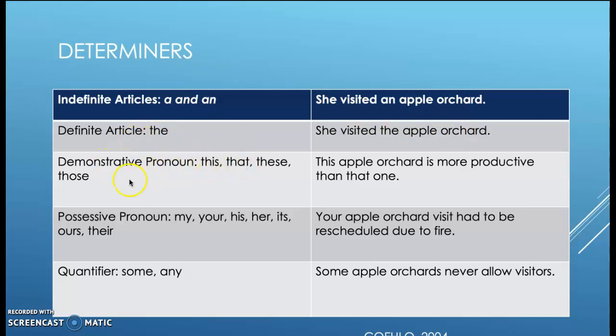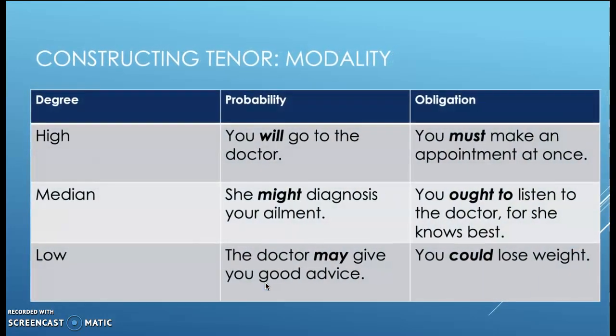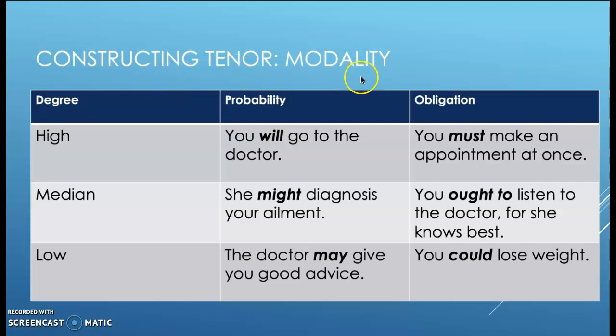Demonstrative pronouns like this, that, these, and those are going to show where something is or point to something in particular. Possessive pronouns are going to show possession, and quantifiers show how many or such. Last thing I want to highlight is this aspect of modality.